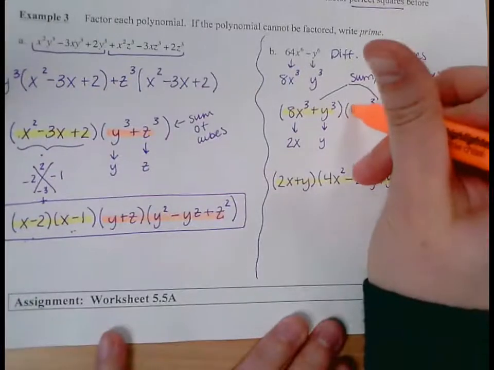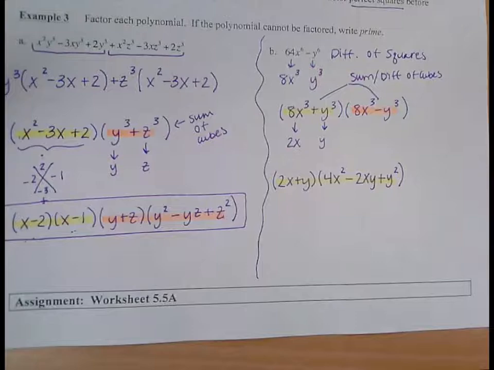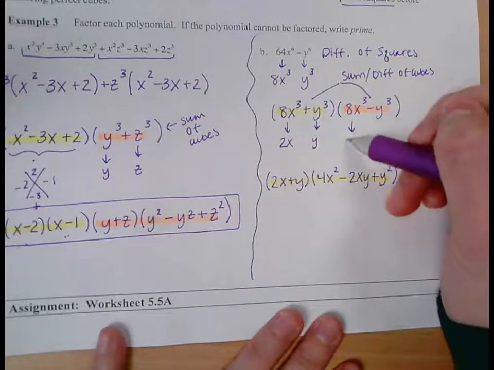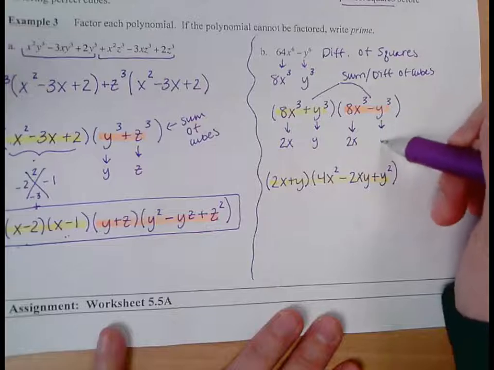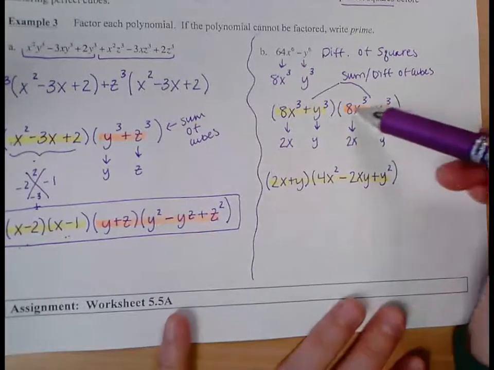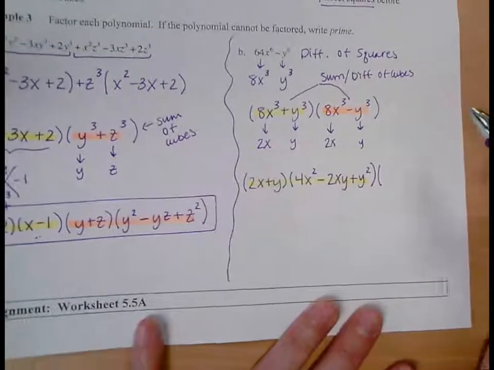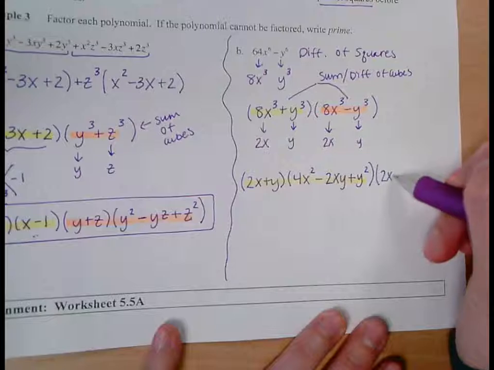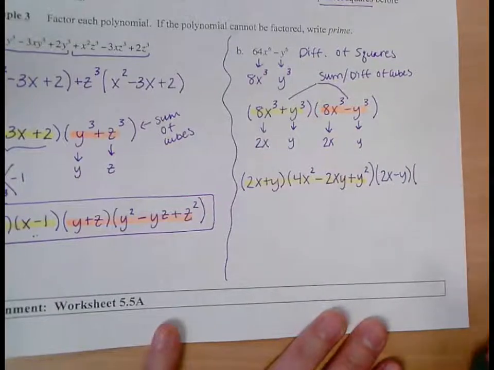And then we also need to factor the difference of cubes. The nice thing is it basically looks the same, just the signs are different because the cube roots are the same, 2x and y. So with a difference of cubes, the first factor is a minus b, so it's 2x minus y.